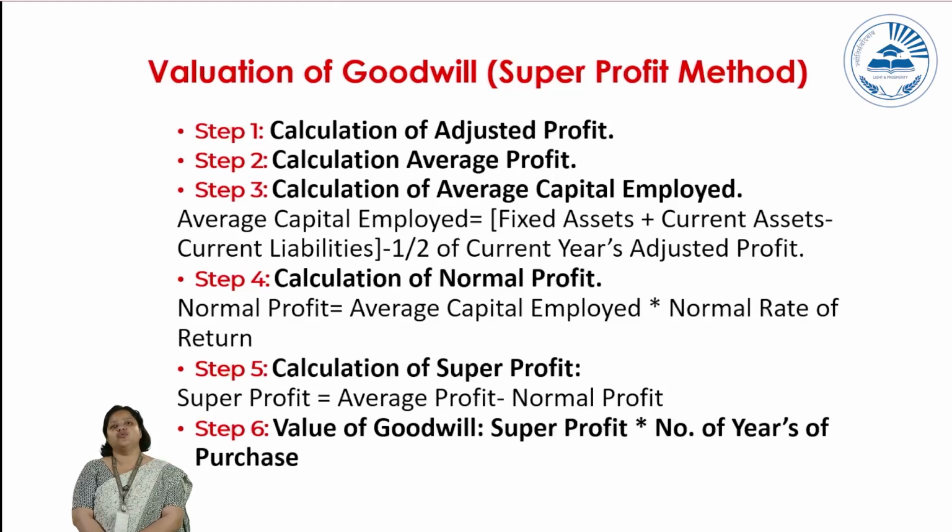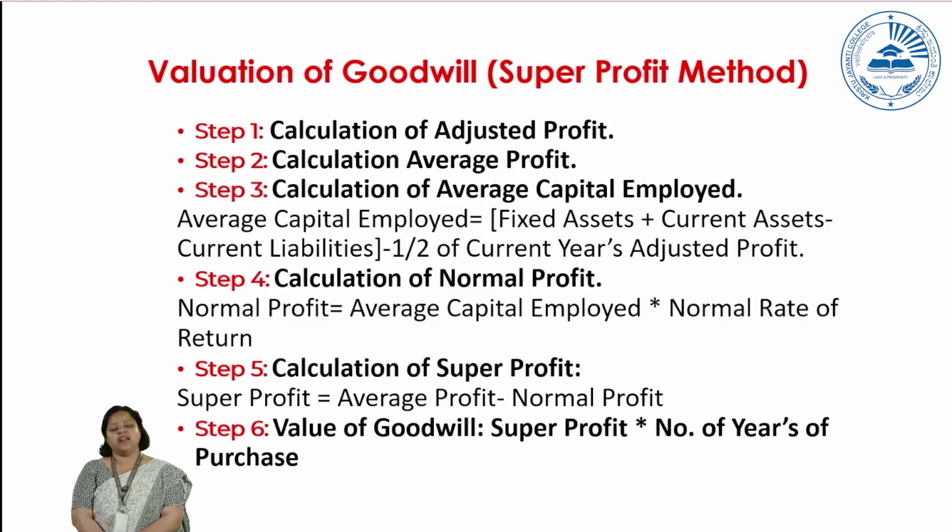After adjusting those incomes and expenses, we can find the adjusted profit. It is not fixed that this adjustment will come every time, but it depends. If adjustments are there, we can go with the calculation of adjusted profit.